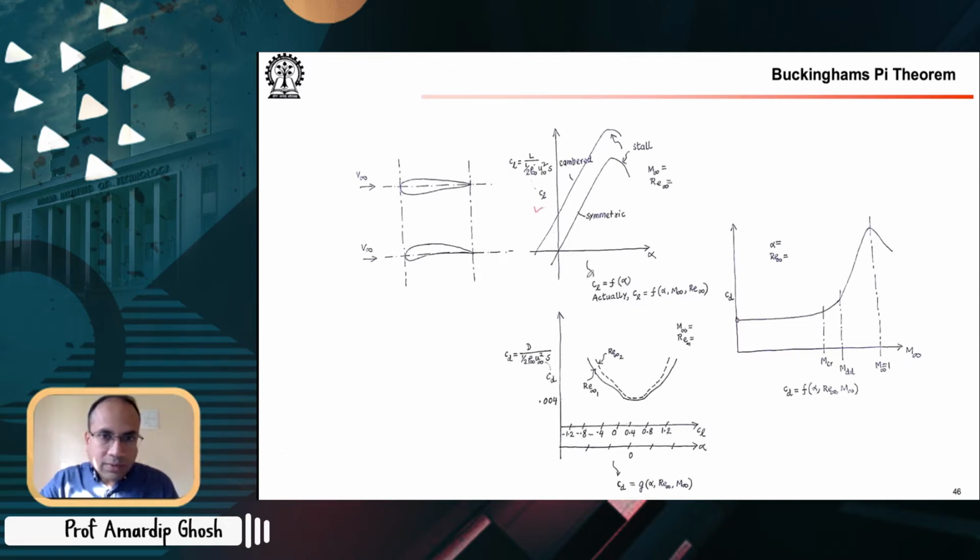We do CL versus alpha, the angle of attack. We have shown CD versus CL or even alpha, CD versus the Mach number, etc. Now you see, we could have just shown the drag versus some other parameter. But you will often see these non-dimensionalized plots.